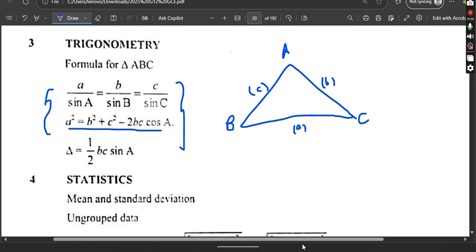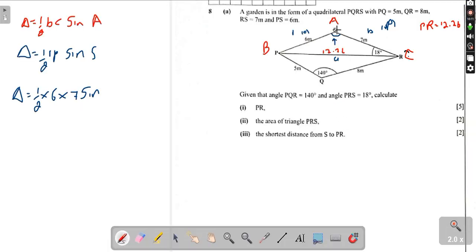So this is how it's going to be. The sine rule is a side over the sine of its opposite angle. In this case, this is the angle S, so we say A over sine A is equal to C over sine C. A we said is 12.26.